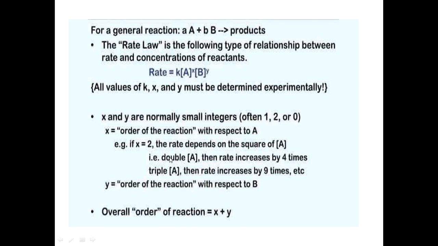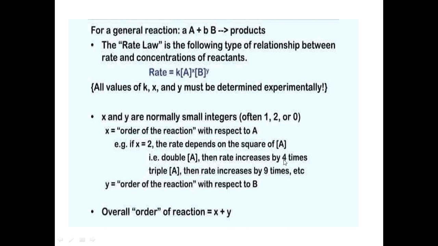Look at this. Let's say the x is 2, such that the reaction is in second order with respect to A. Then when we double A, the rate is going to increase by 2 squared, which is 4 times. When we increase the A by 2, the rate will increase by 2 squared, which is 4.